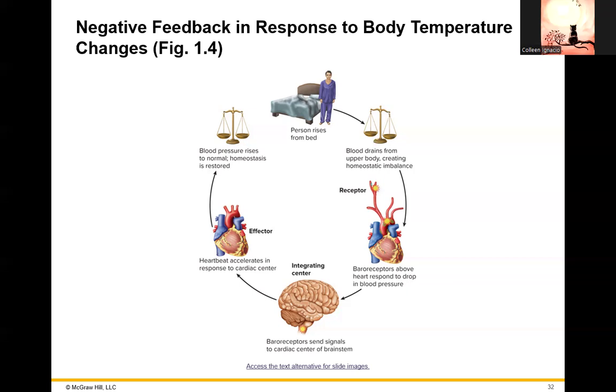They signal the cardiac center that's located in the center of the brainstem, particularly the medulla oblongata. That's a portion of the brain we'll study. And then the heartbeat accelerates in response to the cardiac center. Now the blood pressure will rise to a normal level and then homeostasis is restored.